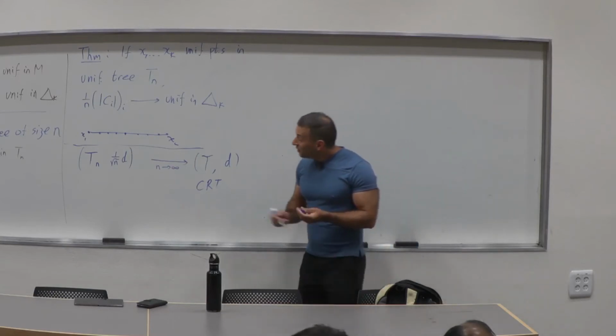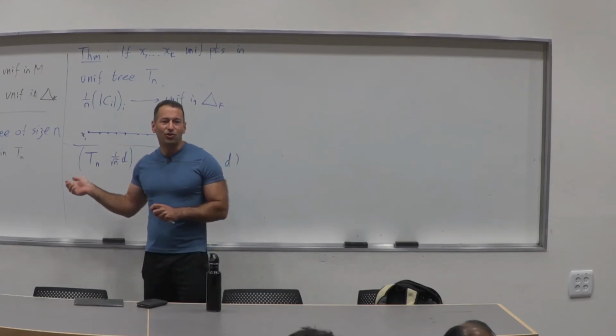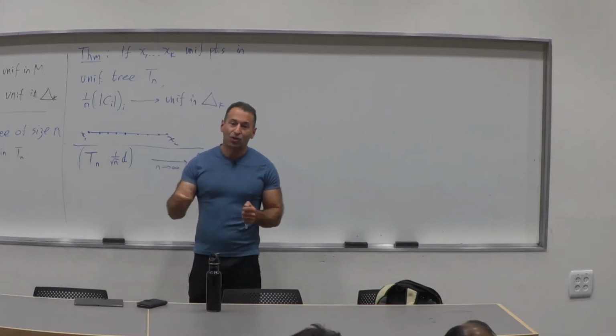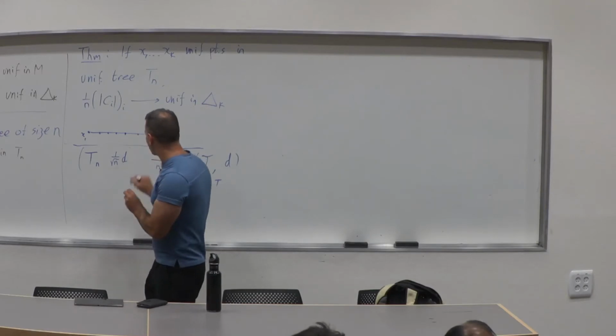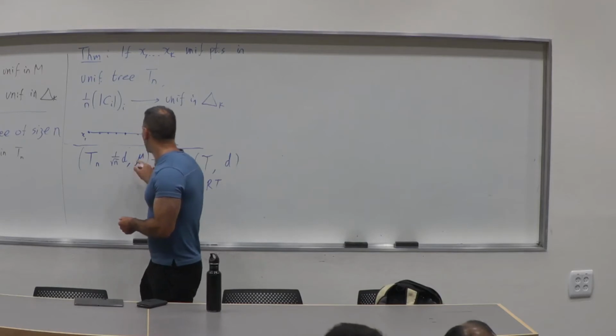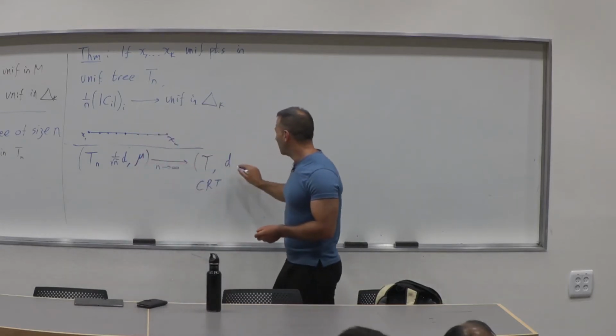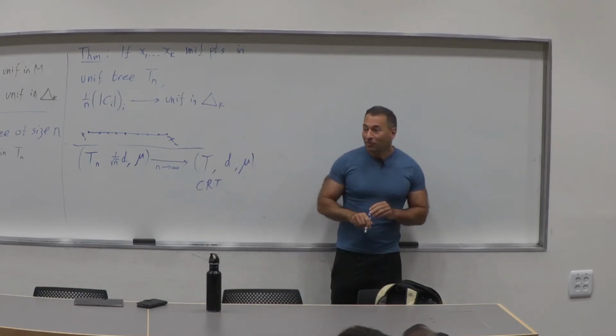If you take uniform points, then you need to look not just at the tree with the distance, but also the measure on the tree. So let's add the measure mu, which is the uniform measure on the tree. The limit is the CRT, which also has a mass measure on it.